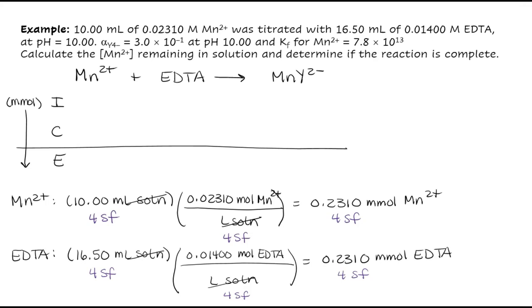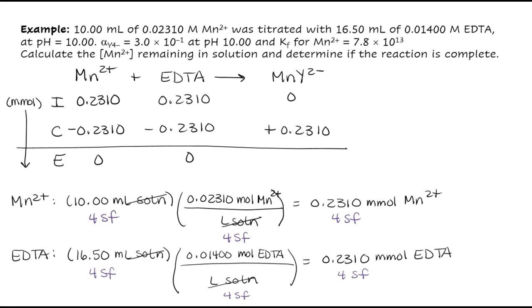We can fill in our millimole table. We have 0.2310 for manganese, 0.2310 for EDTA, and 0 for the complex. We subtract 0.2310 from each reactant, and we add that amount, plus 0.2310, to the complex.